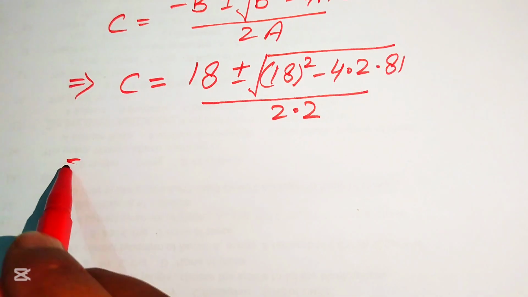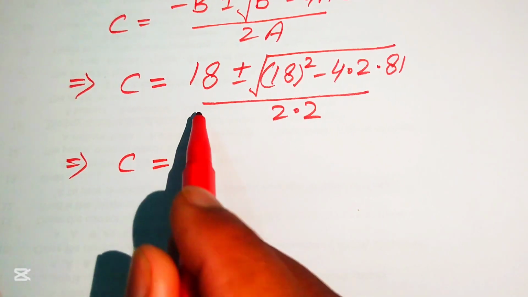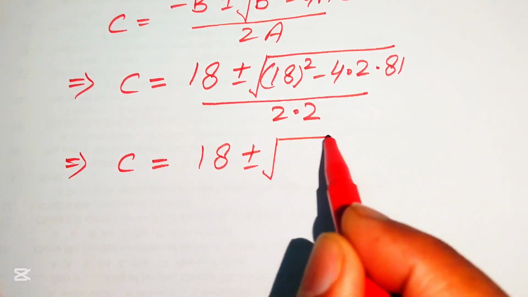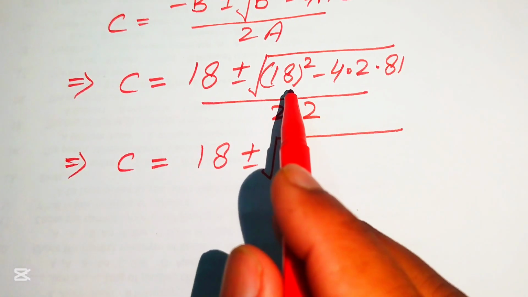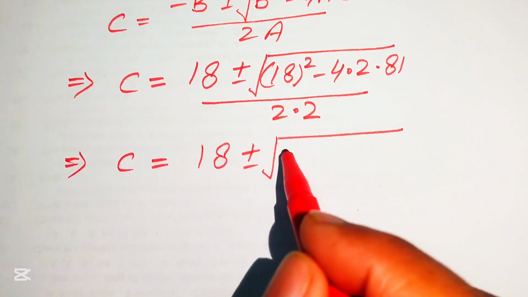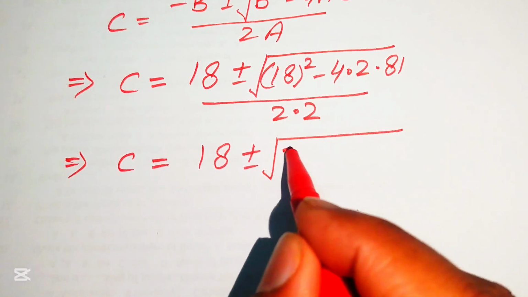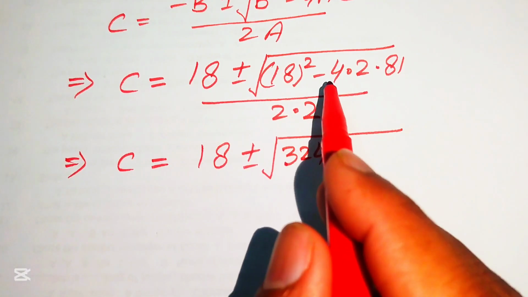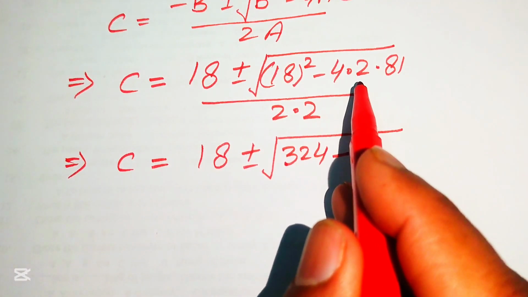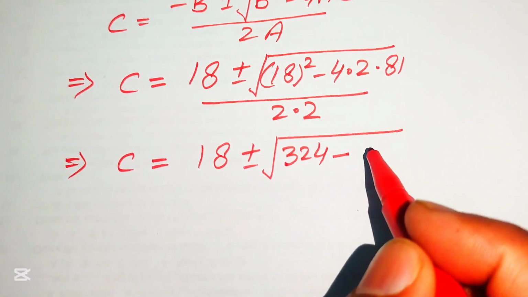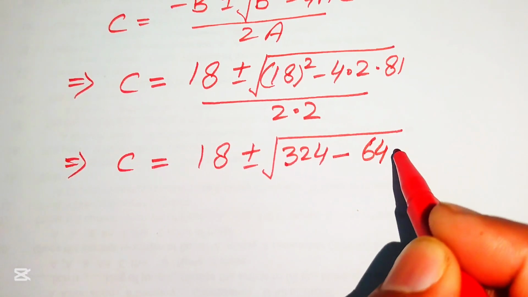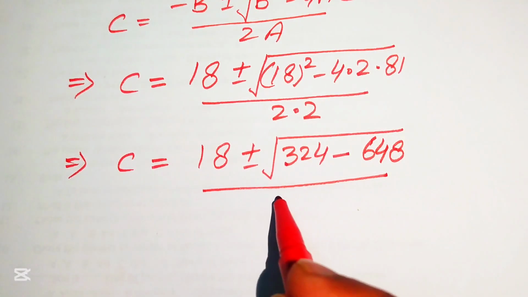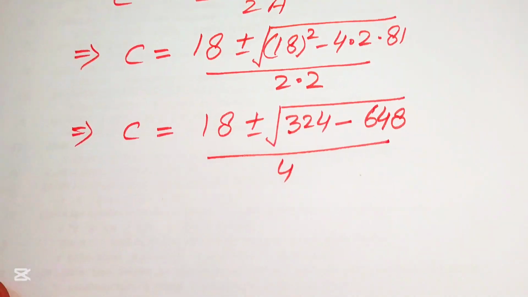And now in the next step we have c equals to 18 plus minus square root of 18 square, and we know that 18 square equals to 324 minus, this is 4 times of 2 is 8, 8 times of 81 equals to 648, and it is divided by 2 times of 2 equals to 4.